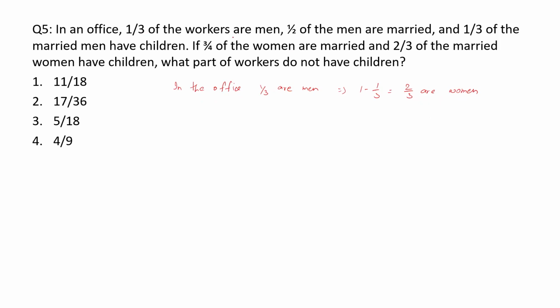So, 1/3 of workers are men, 1/2 of the men are married. So that means total were 1/3, and 1/2 of 1/3 are married men.